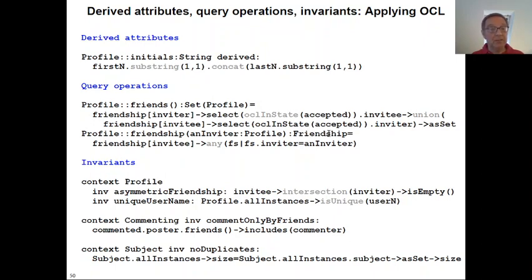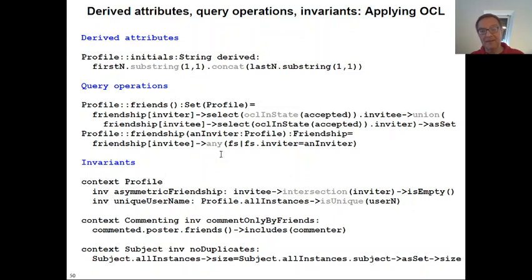the respective friendship object. And this is done again by using this construction where I navigate from the current profile object to the friendship object in my role as an invitee, and then I have a collection of friendship objects, and now I'm selecting a single object.